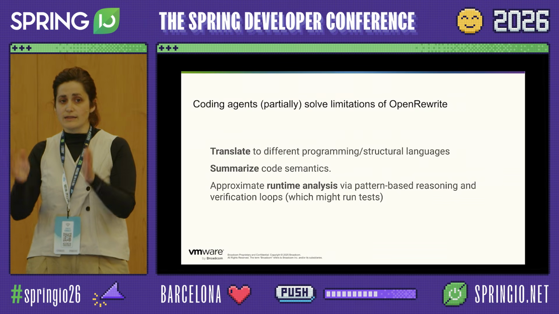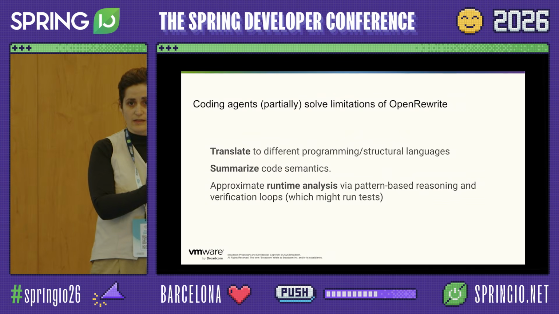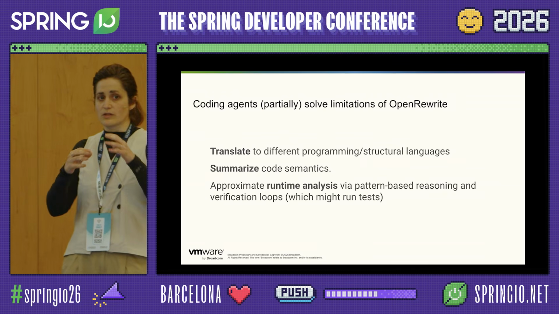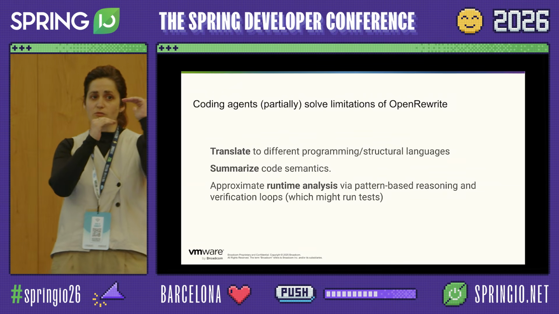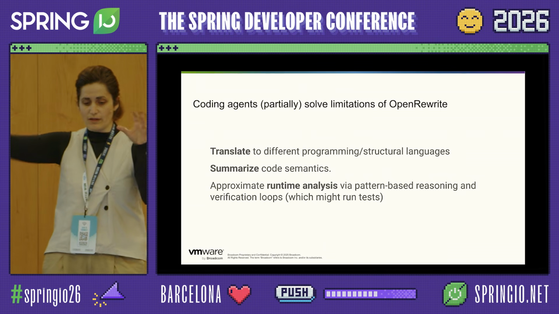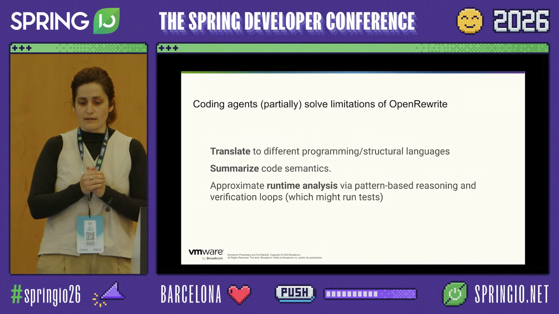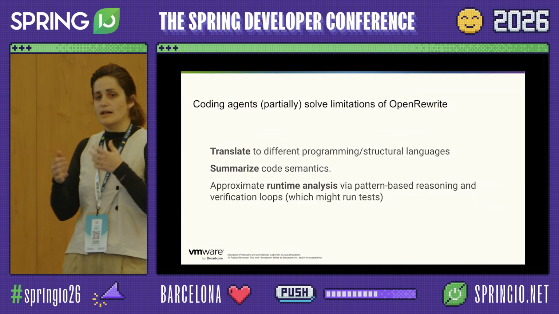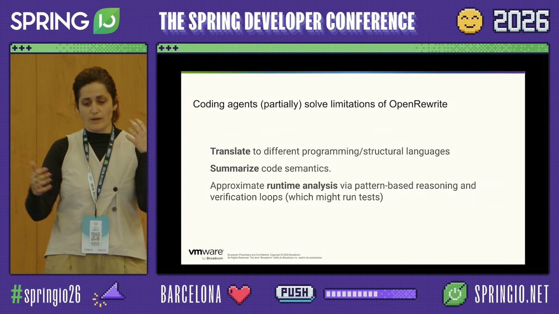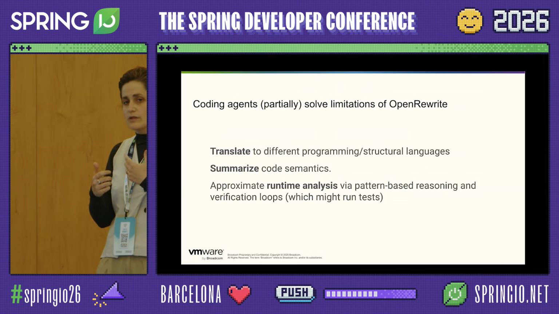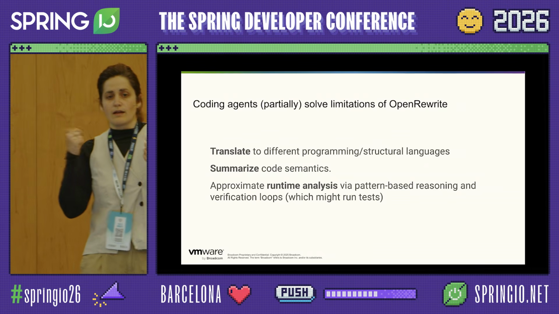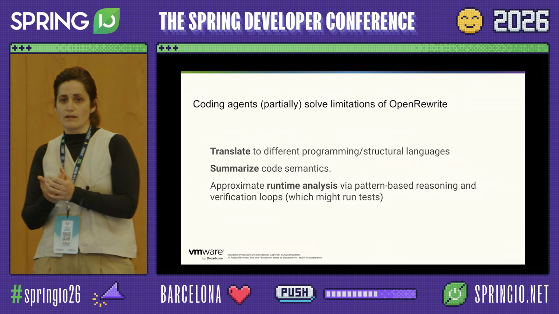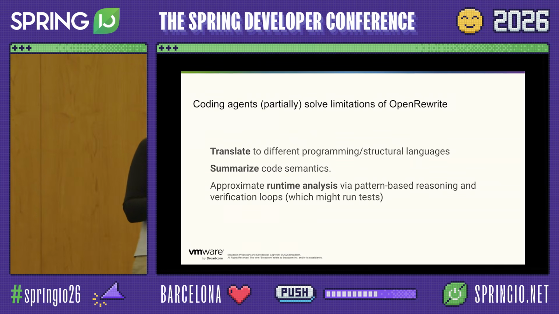They can understand the semantics of the code for those cases where you cannot actually create a deterministic rule, because it's a set of statements that needs to be understood and mapped against something. And it does not perform runtime analysis, but it's using pattern-based reasoning. And I want to highlight something, which is that, as I was saying, OpenRewrite was giving type analysis.